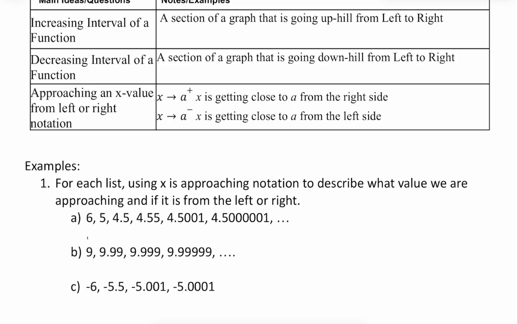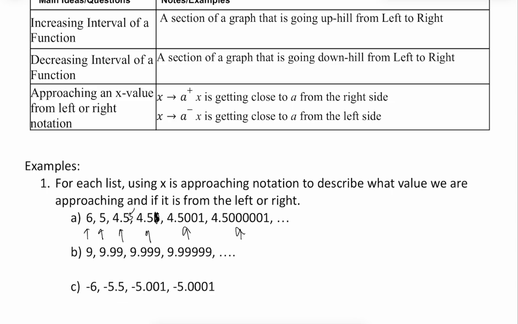So we started out at 6, then 5, then 4.5, then 4.5001, and then 4.5000001. What number are we approaching? 4.5. And are we a little bit more than 4.5, or a little bit less? More, right? That 0.0001 is more than 4.5.